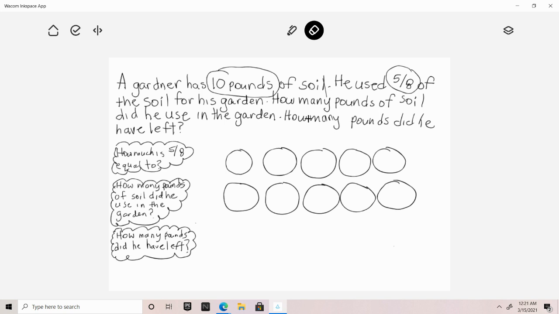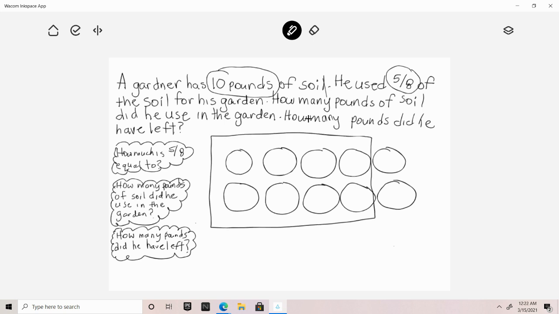Now, we need to take these 10 holes and we have to divide it by 8. So I'm just going to put a rectangle around 8 of those holes.